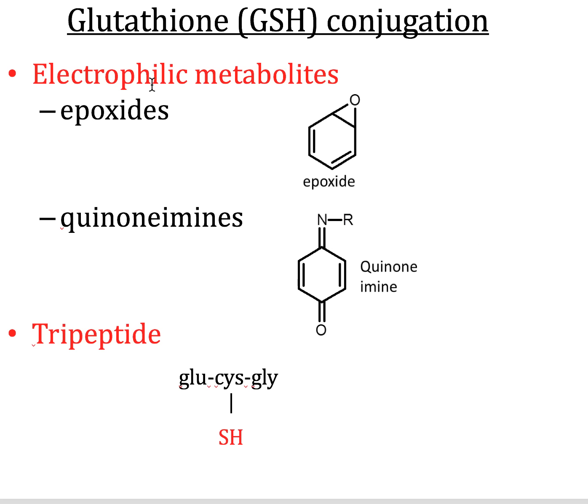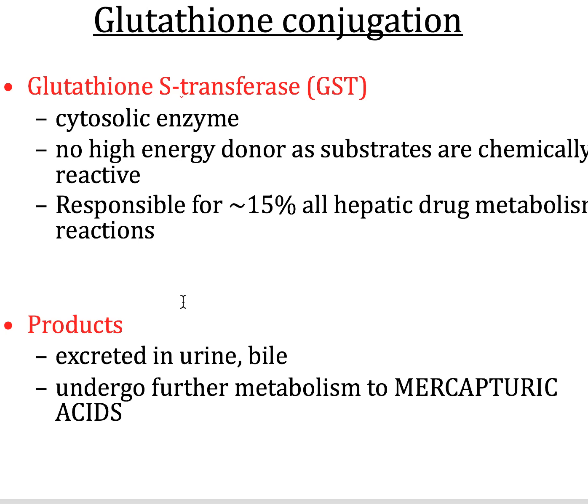Now, glutathione conjugation is mainly involved in epoxides and quinone amines, so antimalarials. Glutathione is a tripeptide, so you've got three different amino acids. Glutathione S-transferase, GST, is the enzyme.